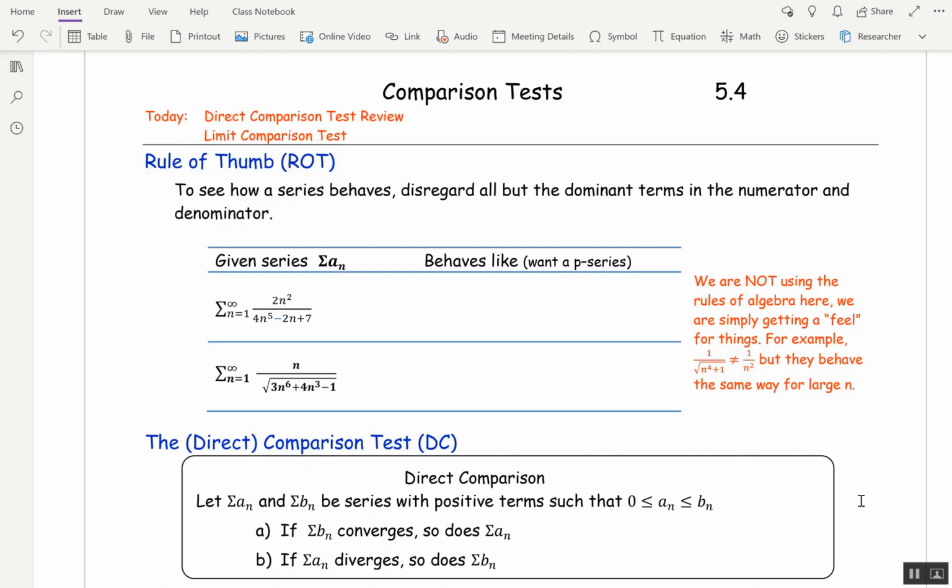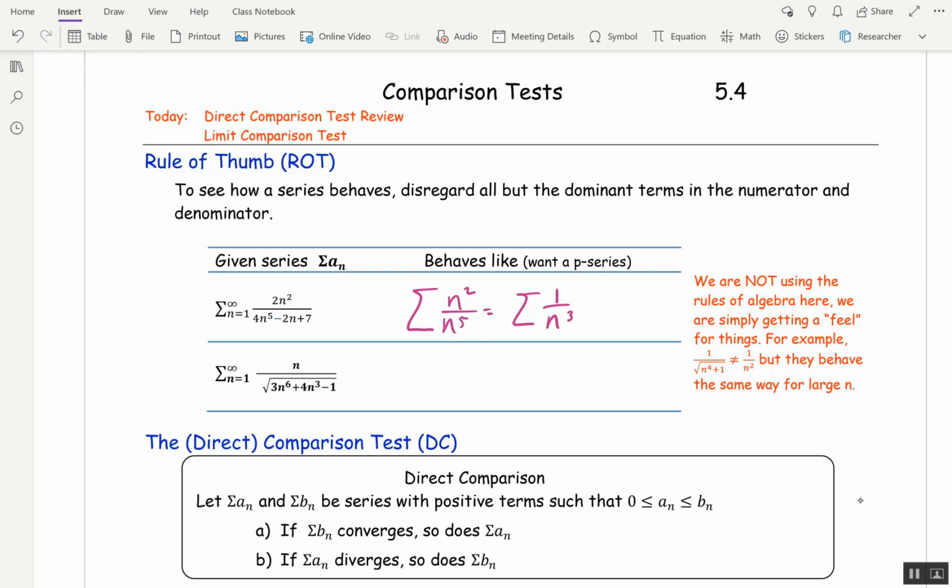To see how a series behaves, you look at the dominant terms in the numerator and the denominator. For example, for this series, upstairs it pretty much looks like n squared. Ignore the 2. Downstairs, the dominant term is n to the 5th. Ignore the 4. So this is equal to the sum of 1 over n cubed.